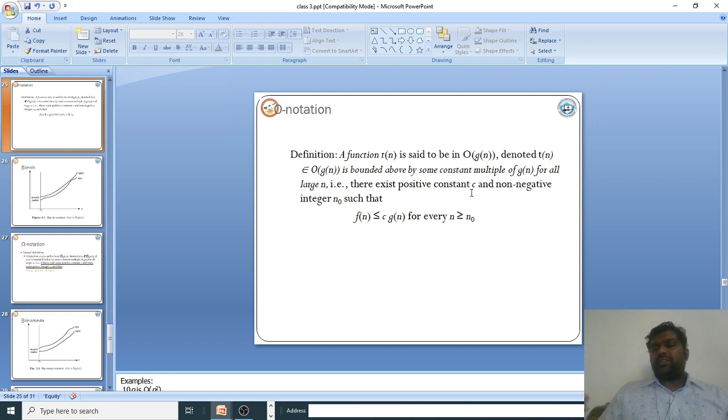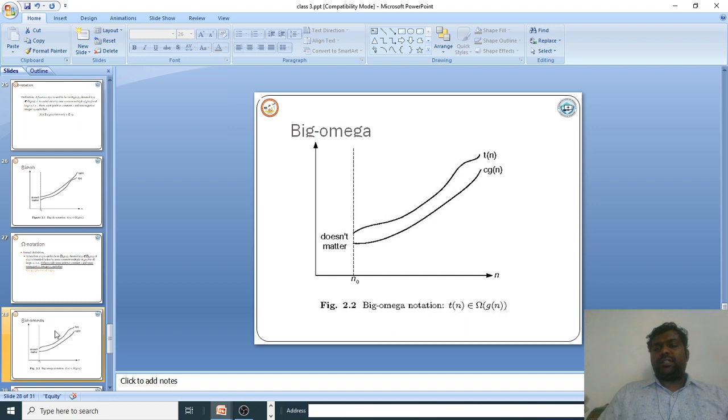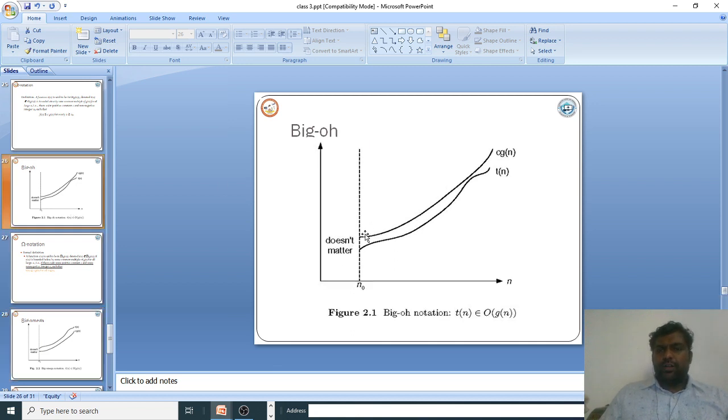There exists a positive constant c and a non-negative integer n naught such that f of n is less than or equal to c times g of n for every n greater than or equal to n naught. So say this is a function t of n.